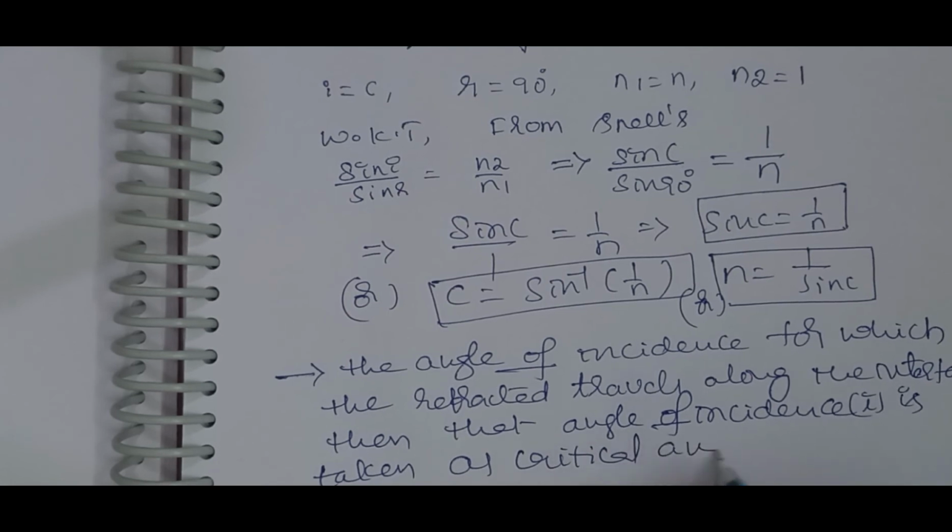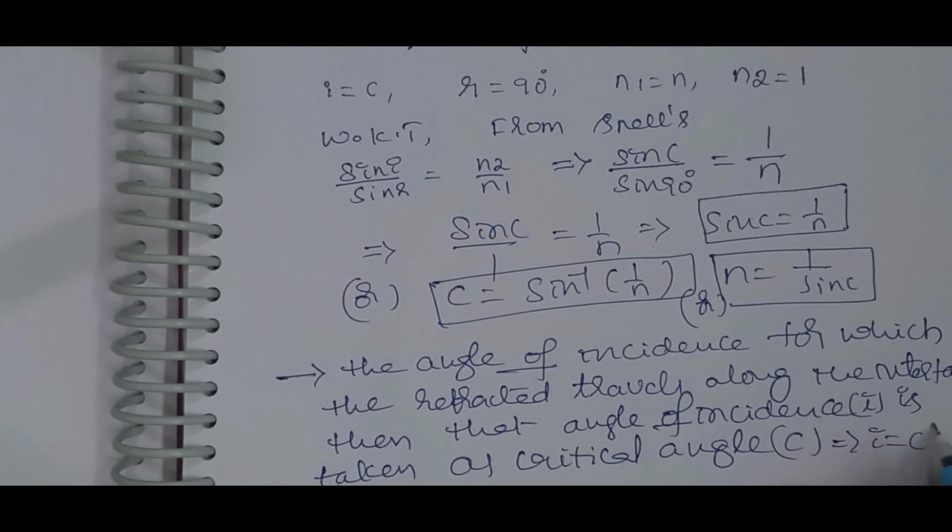So the critical angle is denoted by C. That is why I is taken as C.